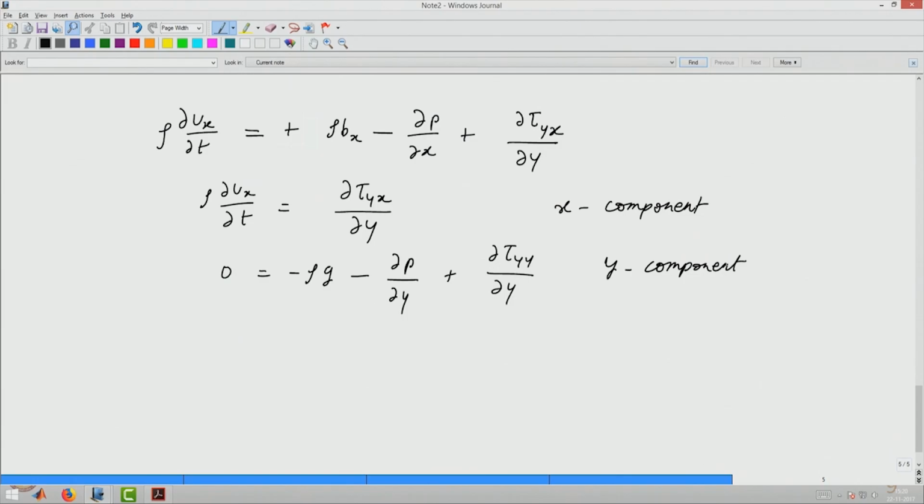Now, we also make a further statement that if the flow is steady, then del tau y x by del y is 0, because the flow is steady and V x does not change as a function of time.